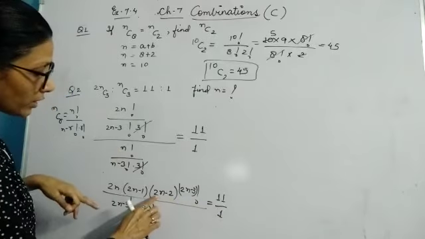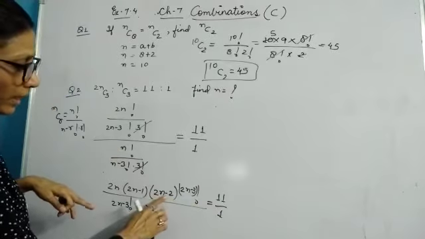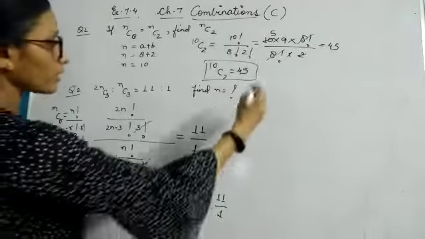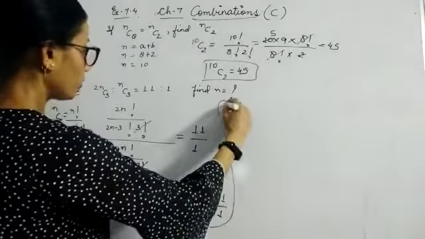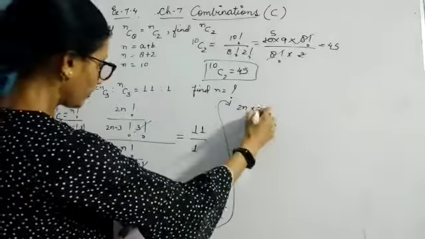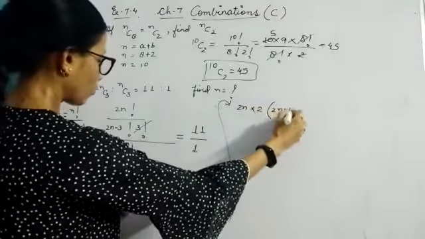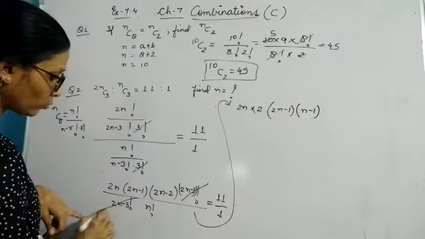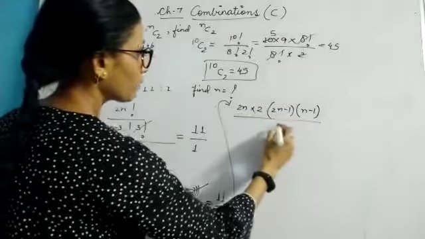Now children, if I take 2 common out of this, it will become n minus 1. So it can be written as 2n into, taking 2 out from here, 2n minus 1, again n minus 1, and this 2n minus 3 and 2n minus 3 are gone. Here it is factorial n.